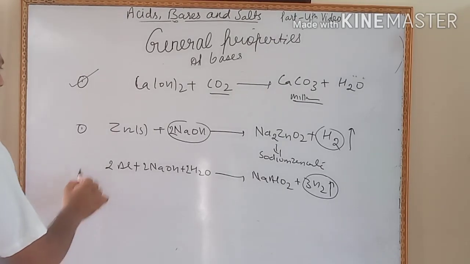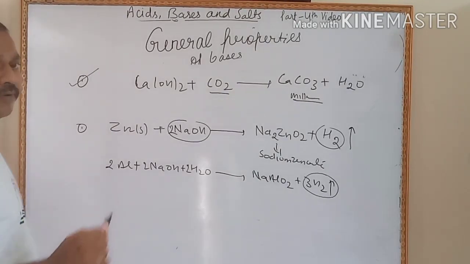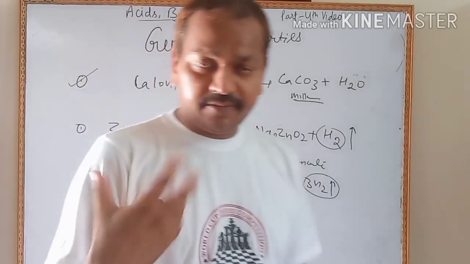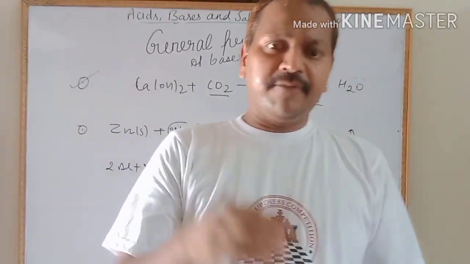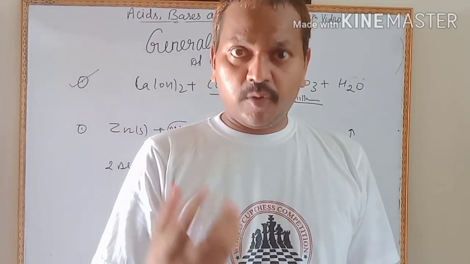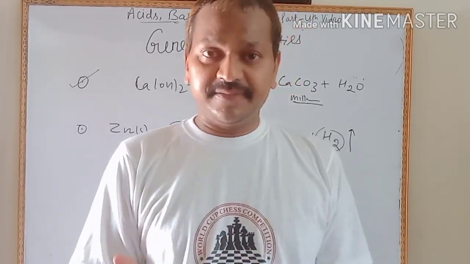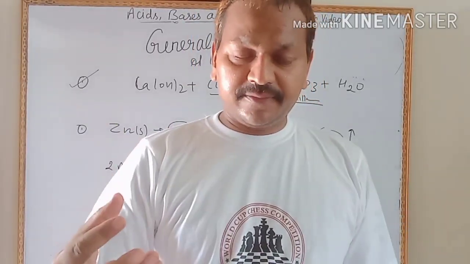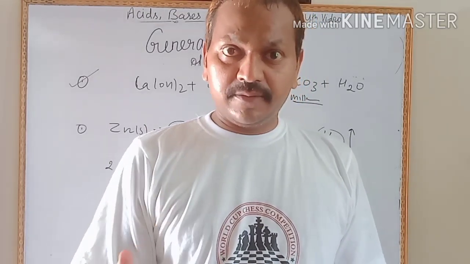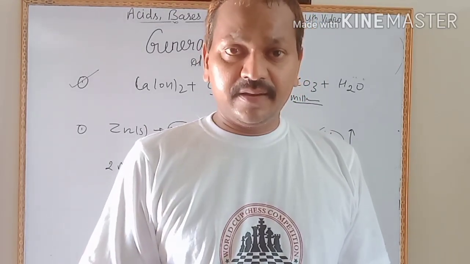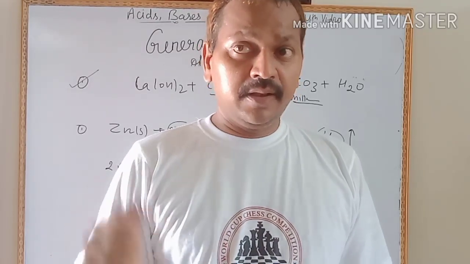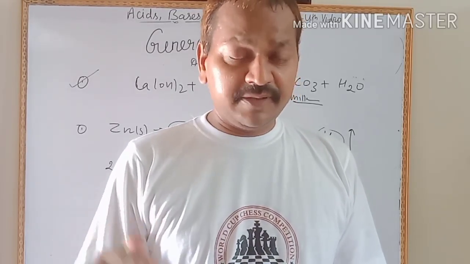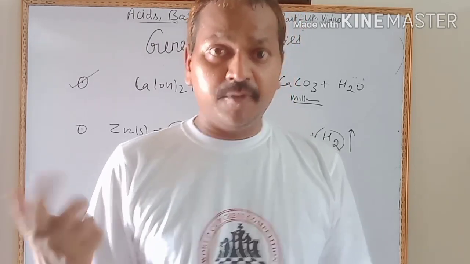Next property, very important, is conduction of electricity. So there is a common point in this: when acid dissolves in water, they furnish ions. Similarly, bases dissolve in water, furnish OH ion, right? Acid and bases, according to the Arrhenius theory. He put forward this theory in 1884, right?